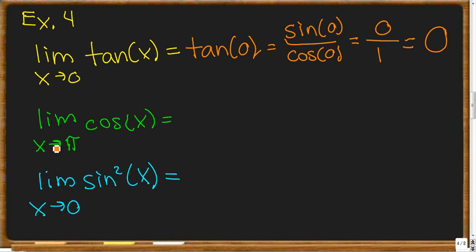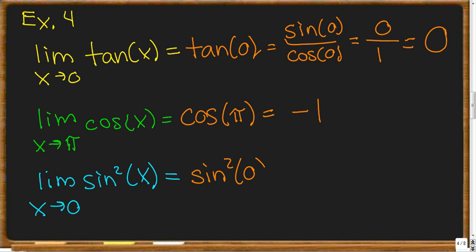So now we see the limit as x approaches pi of the cosine of x. Well, this is just going to be the cosine of pi, which is just -1. So we get an answer. We're good to go here. And then we have the limit as x approaches 0 of sine squared of x. So this is going to be the same thing as the sine squared of 0, because we're just directly substituting in here.